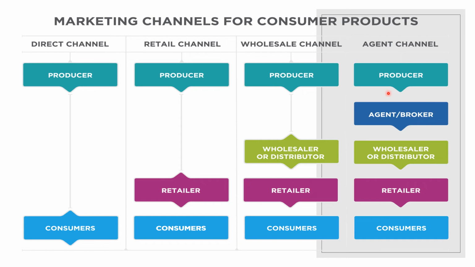For such products, this longest channel is advisable because there is a limit to each and every middleman. There is a limit to the wholesaler, there is a limit to the retailer. So there is a limit to the amount of goods they can distribute. If a long channel like this is employed, then we can make sure that the product is available at each and every retail outlet.